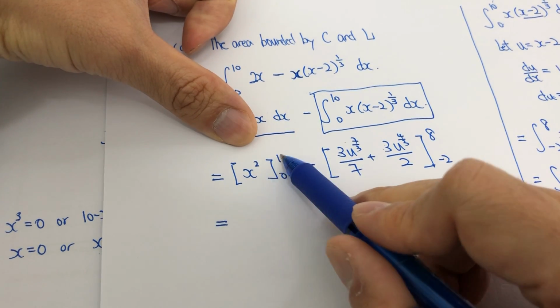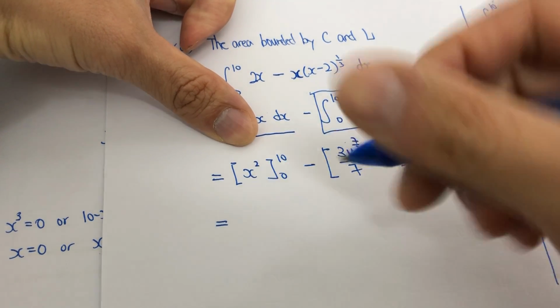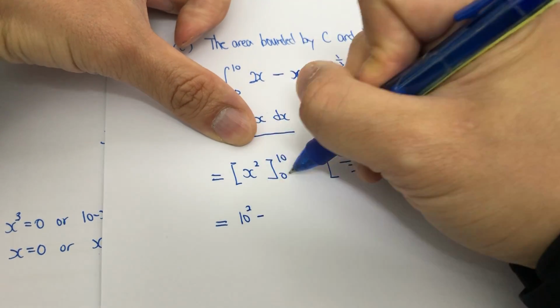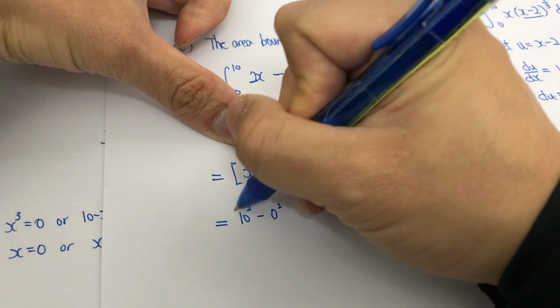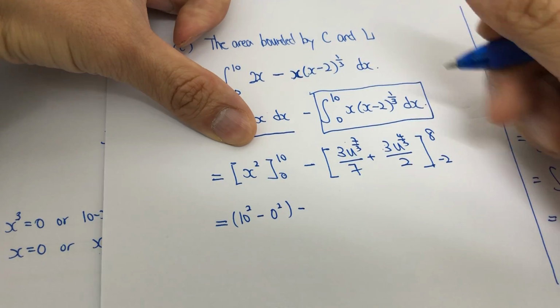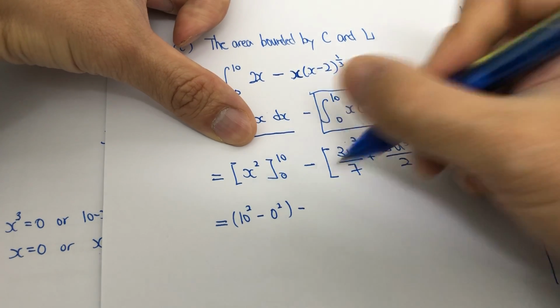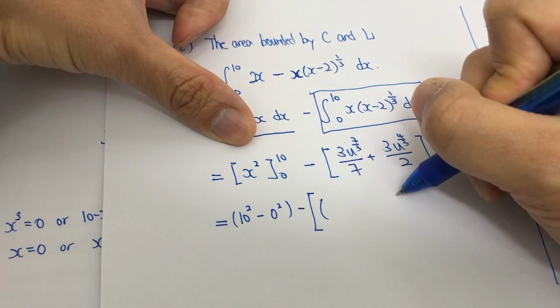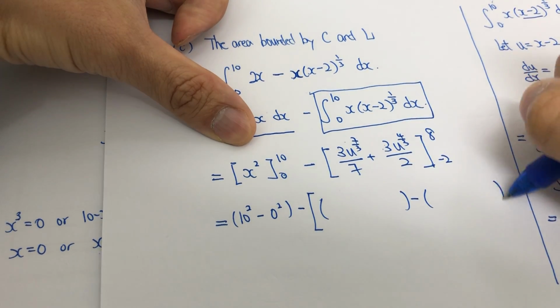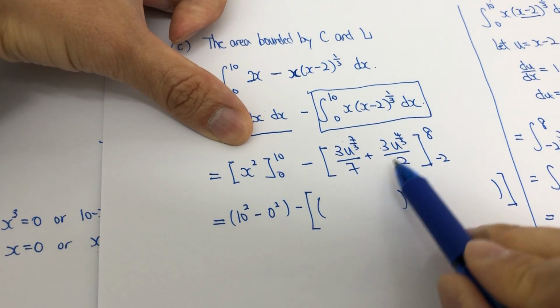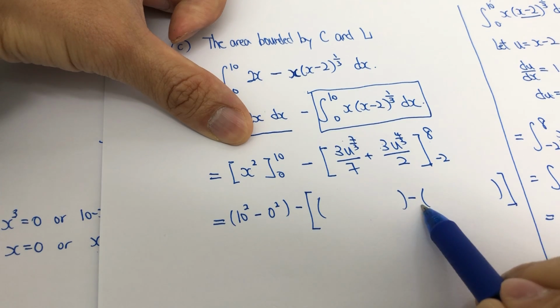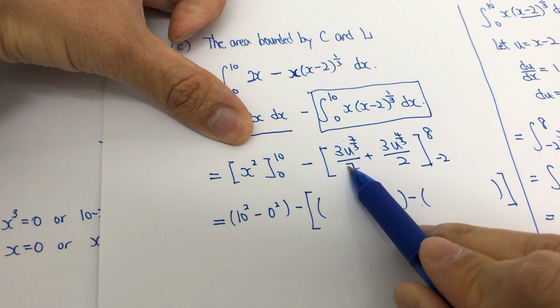First of all, we have to put 10 inside, so that we have 10 to the power of 2 minus, put 0 inside, 0 to the power of 2. And then, okay, this part: first of all, we put 8 inside, and then minus, we put negative 2 inside.